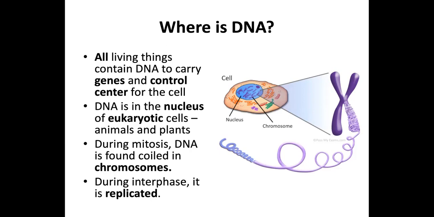So when we talk about eukaryotic cells, specifically we talk about plants and animals. Okay? We also talk about mitosis, and during mitosis, DNA is found coiled in a chromosome. Okay? Those chromosomes take what kind of structure?